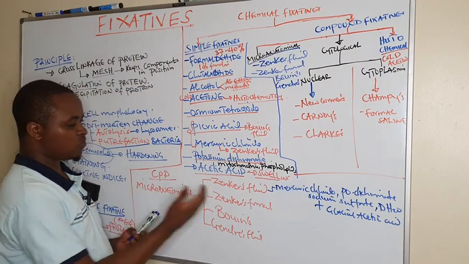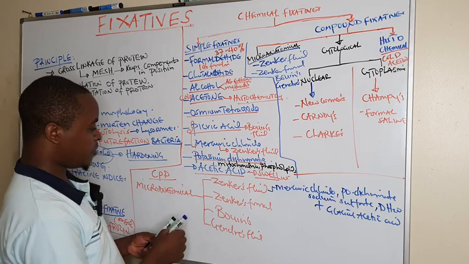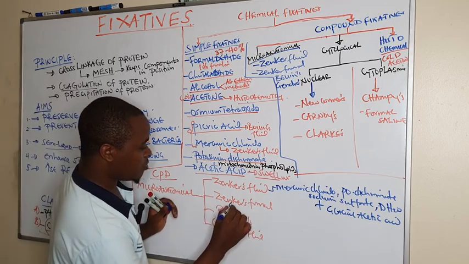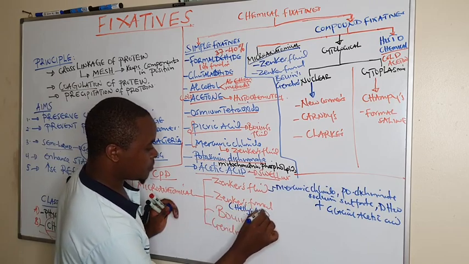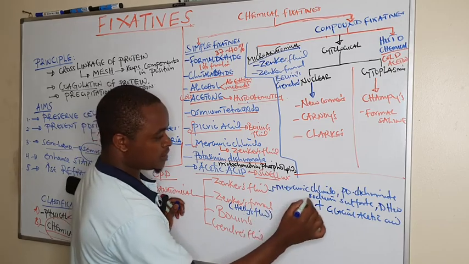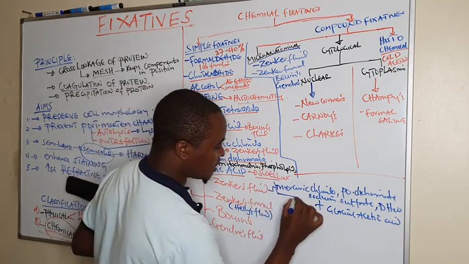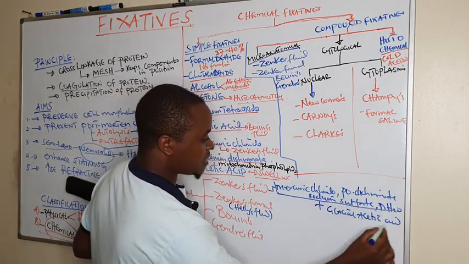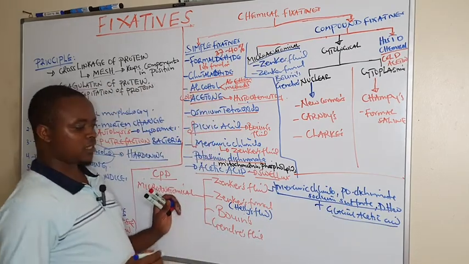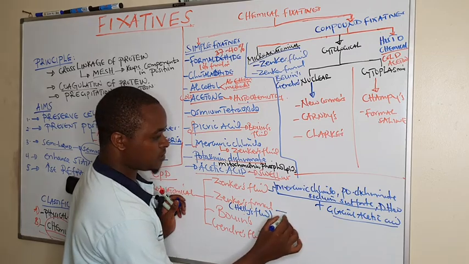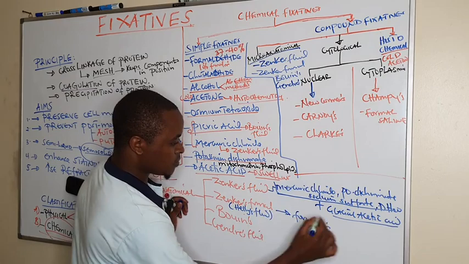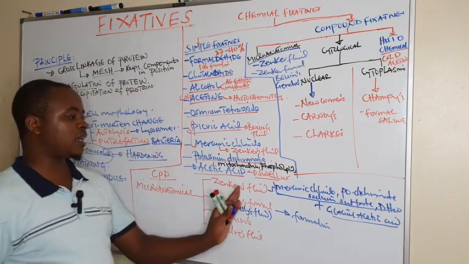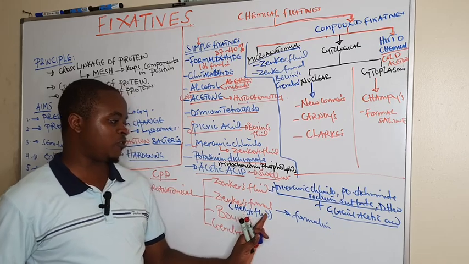Whereas the difference between Zenker's fluid and Zenker's formal, another name for Zenker's formal is Helly's fluid. It is the same combination as Zenker, except that on application, instead of adding glacial acetic acid, here we add formalin. So that is the only difference between them.